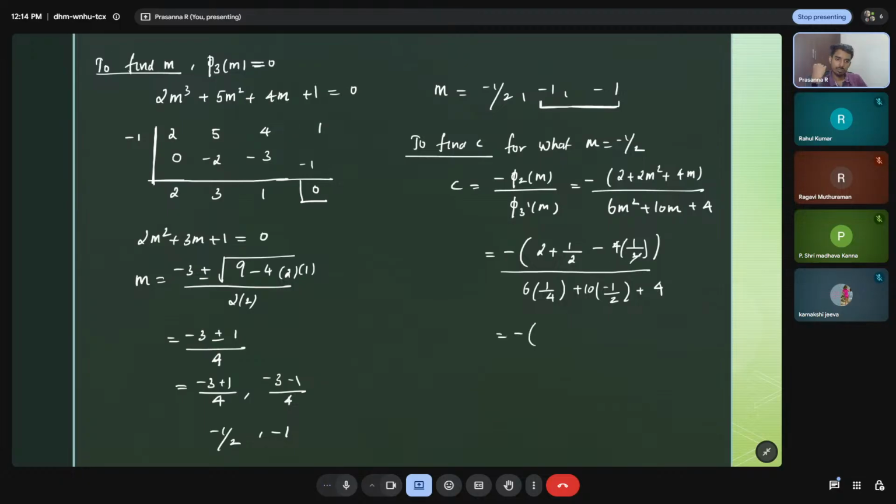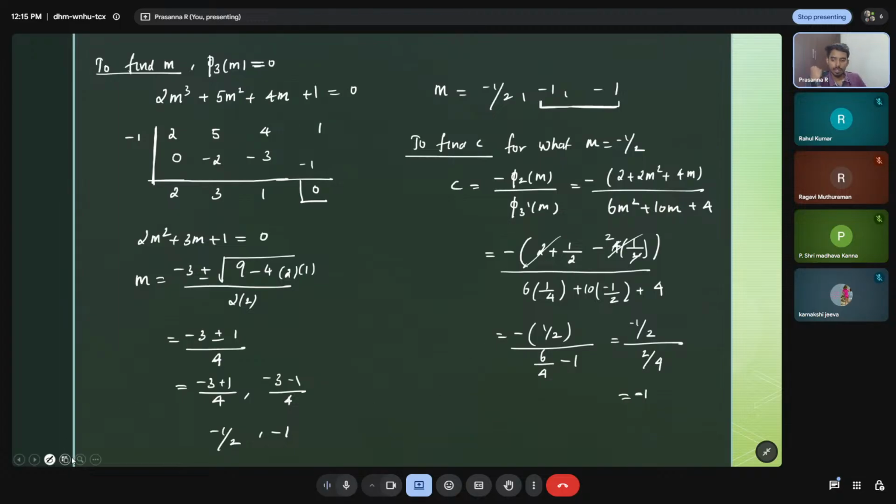So this 2 and this 2 will get cancelled. So you will have 1 by 2 here, and this will be 6 by 4, and this is minus 5. Minus 5 plus 4 is minus 1. So minus 1 by 2 divided by 6 minus 4 by 4, 2 by 4. So again this is 1 by 2. So minus 1 will be your c, right?